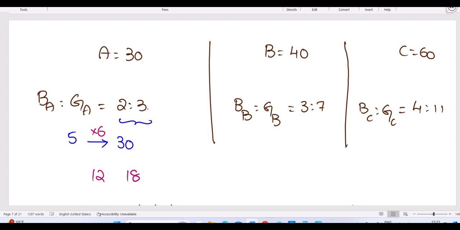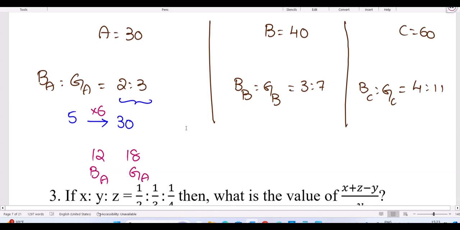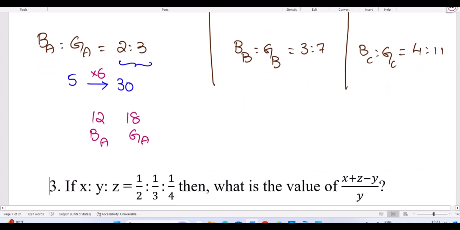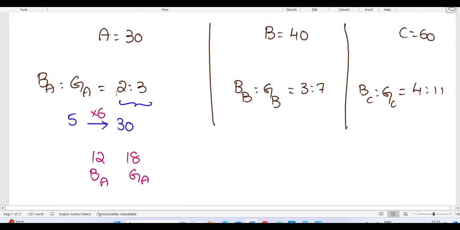What is 12 plus 18? 30. The first one is boys in A section, the second one is girls in A section. We can calculate directly like this instead of calculating 2K plus 3K equals 30, finding the K value and all. Directly we can attack because adding those two, you must get the total.